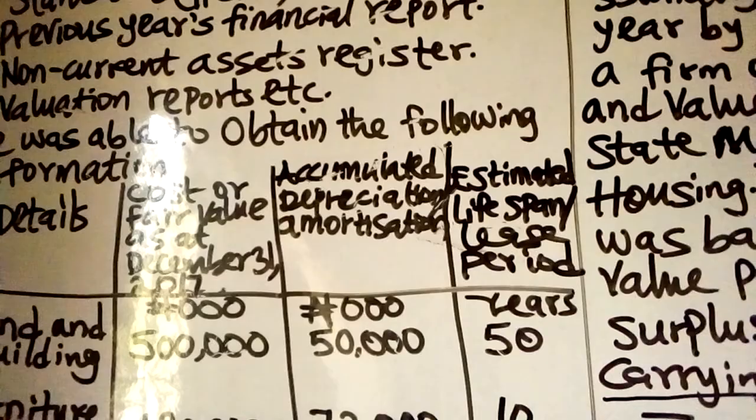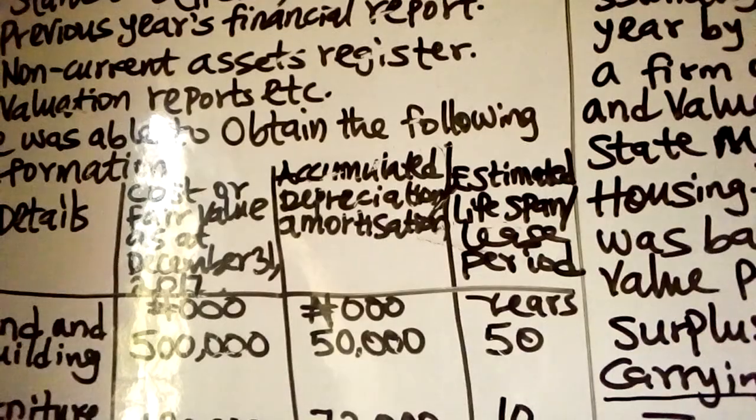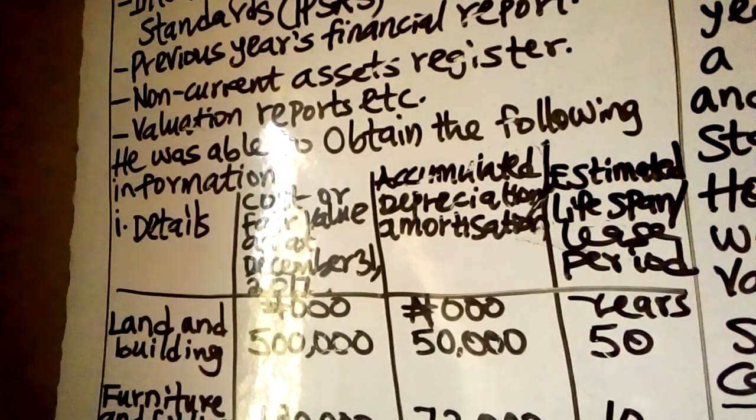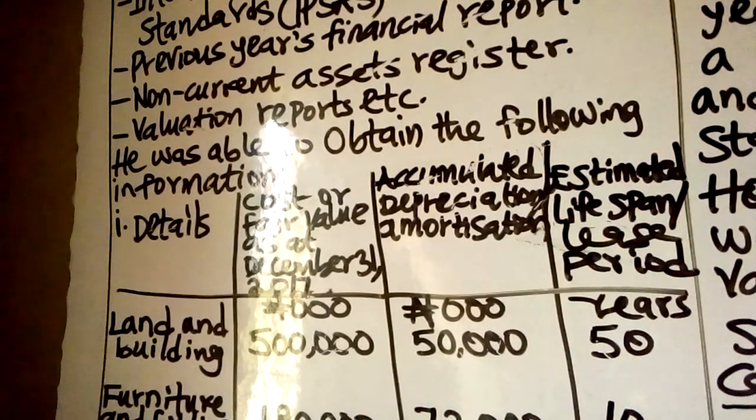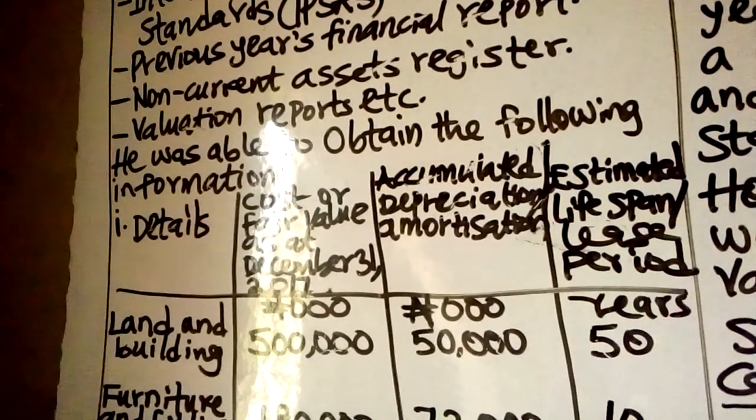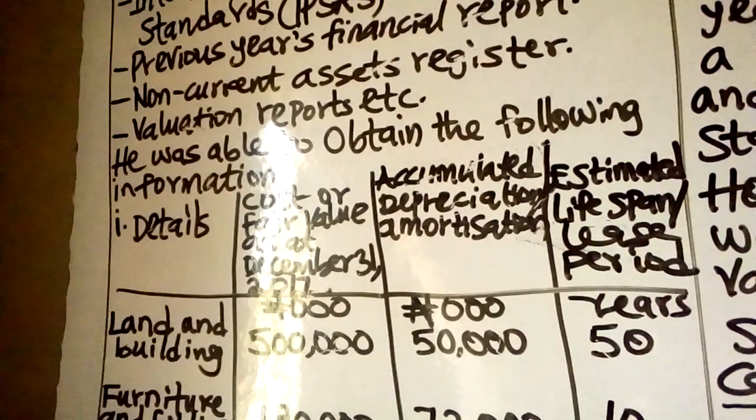Since it has been revalued, out of 50 years of the life, 5 years has expired, so you'll be left with an unexpired life of 45 years.